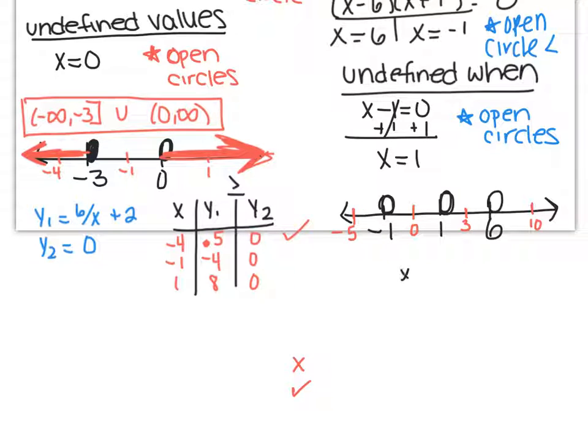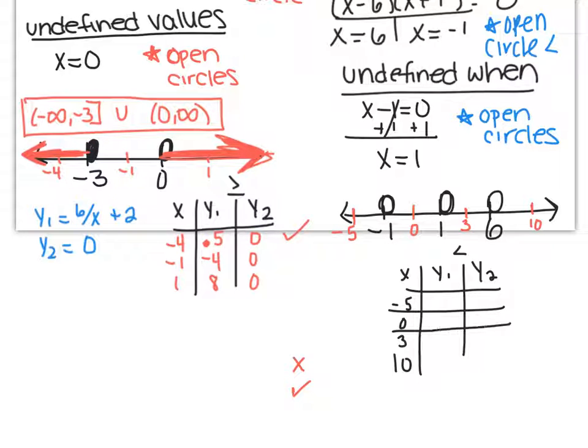Again, we need an x, a y1, and a y2. And we want to see if y1 is less than y2. So the x values in order are -5, 0, 3, and 10. These are the values that we're going to test. So when x is -5, my y1 is -10/3, and y2 is 4.